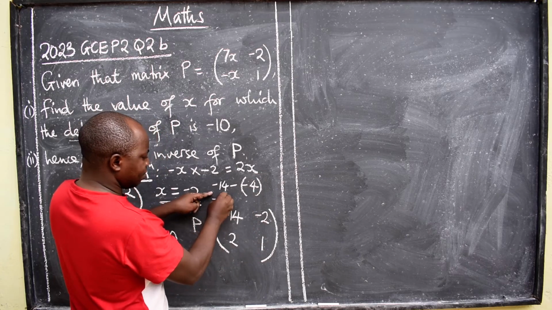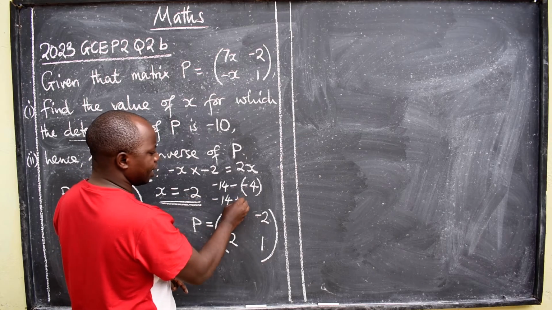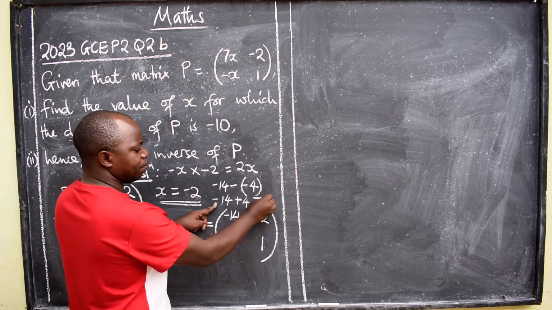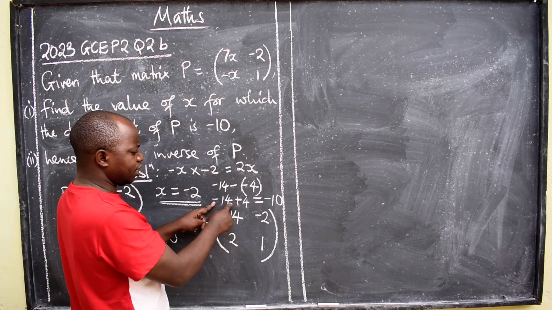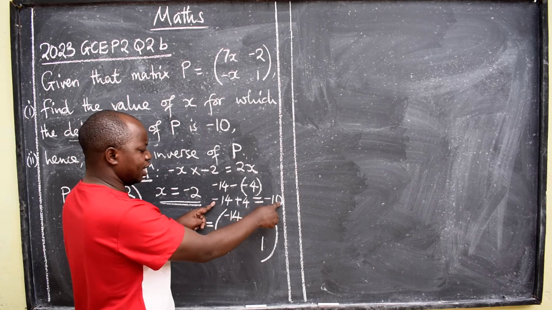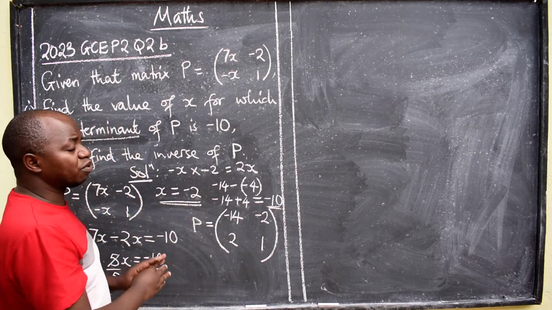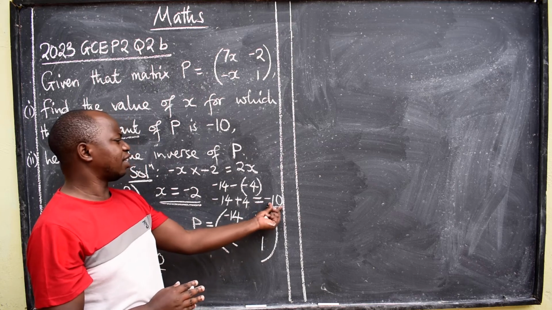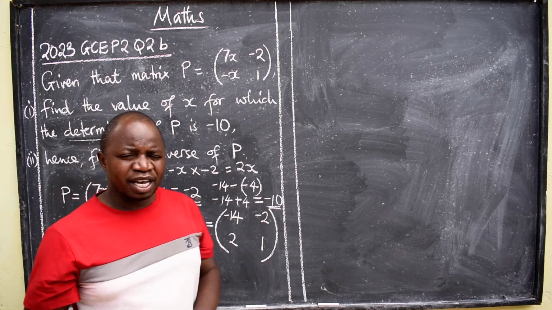Then negative 14, negative negative is positive, plus 4. What answer are we going to get here? It will be negative 10. Different signs, subtract. 14 take away 4 is 10. Get the sign from the bigger number. So the value of x that we have calculated is correct because it has given us the correct determinant. We can now move on.